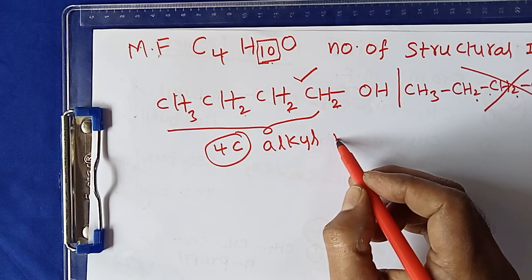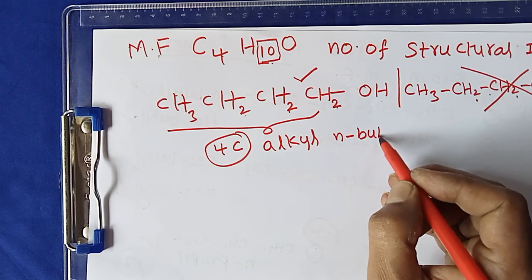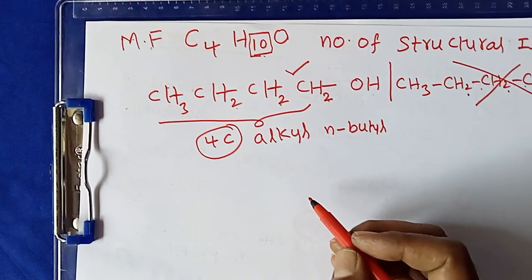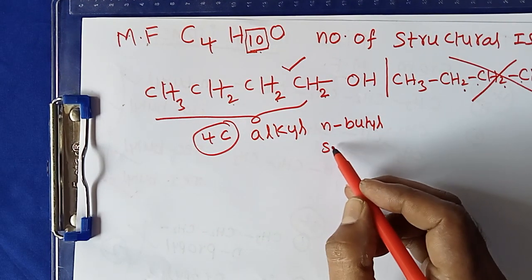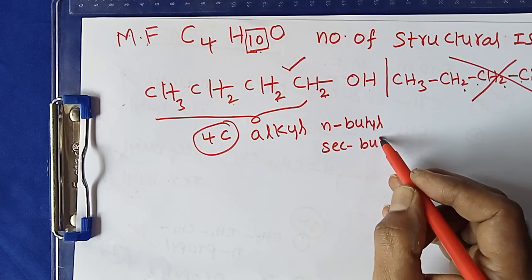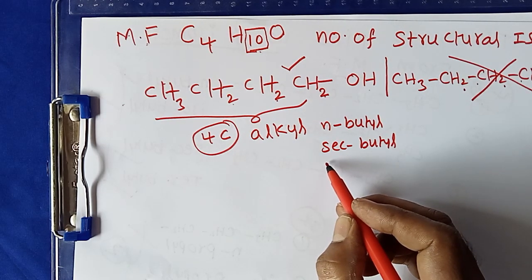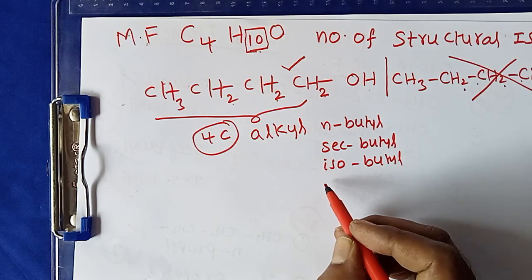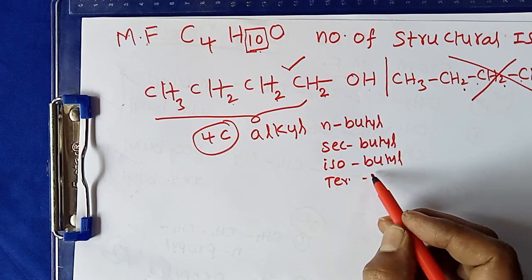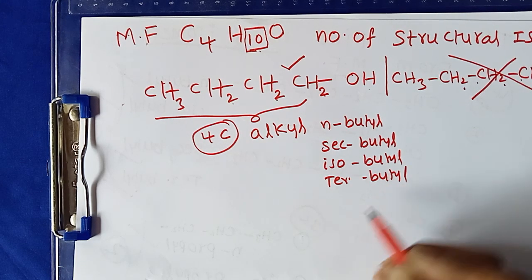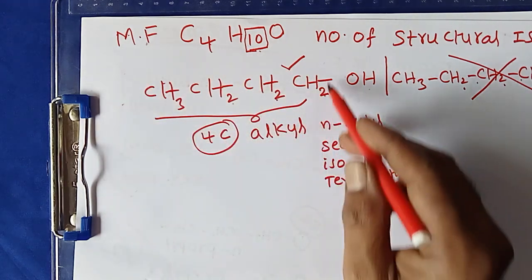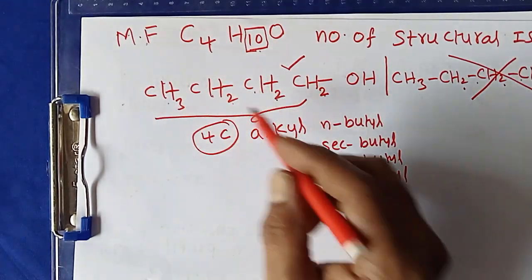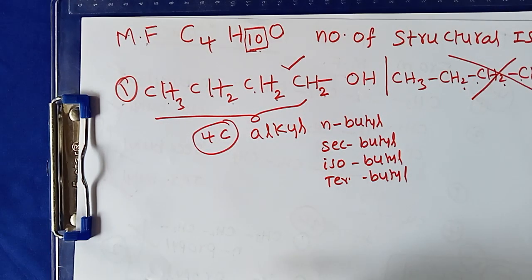One is n-butyl carbon chain, another one is secondary butyl, next isobutyl, the next tertiary butyl. So here n-butyl is completed. This is n-butyl, one isomer. This is one alcohol.